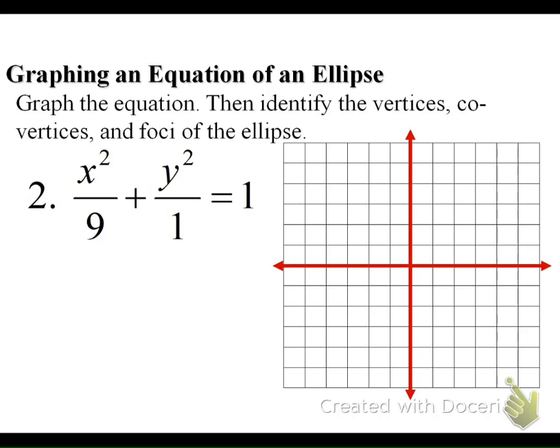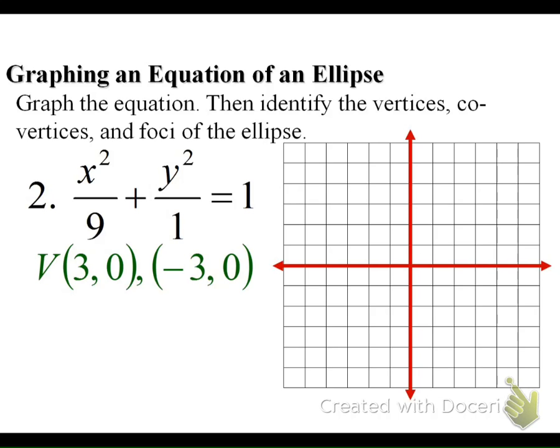Here's number 2. Which way will this one be going? Horizontal, because the larger number is under my x squared term.